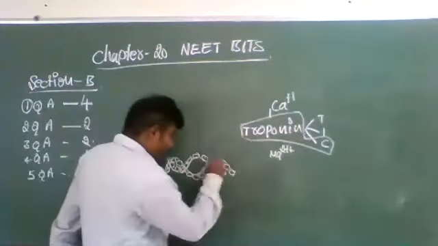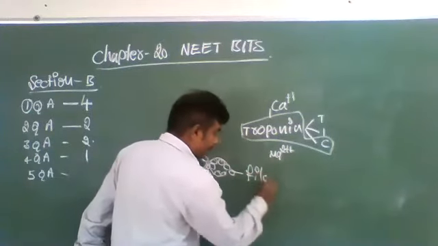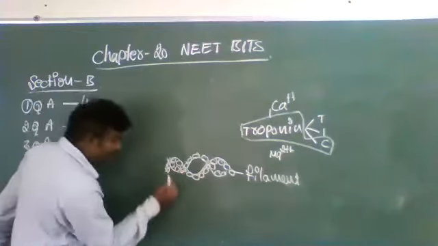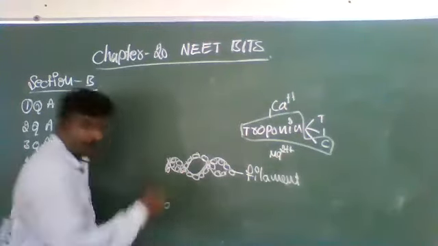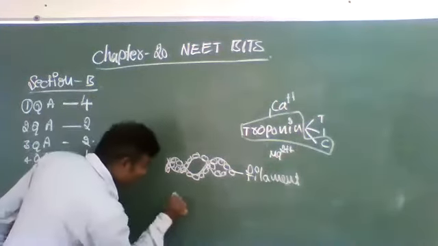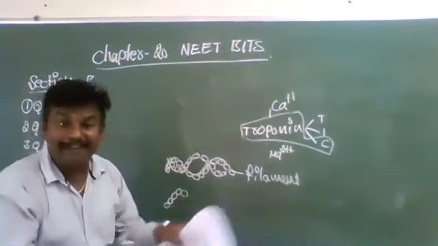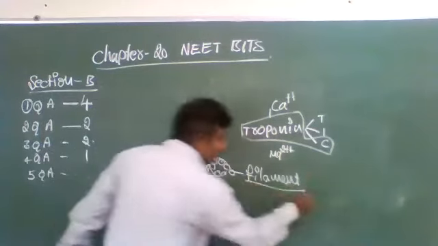See, this whole is a filament, an actin filament. Individually, these are globular protein molecules, which are assembled and form a strong filament.